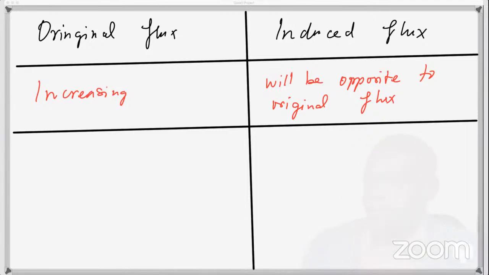Now, if the original flux was decreasing, how do you oppose something that is decreasing? You go against it. You're giving the same answer. So you cannot oppose an increasing quantity and a decreasing quantity by the same action, right?